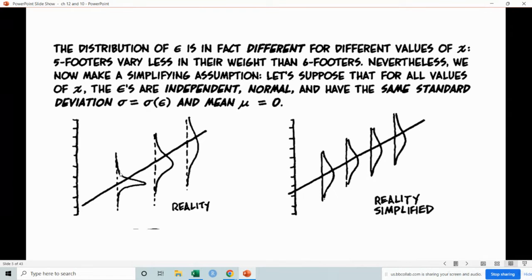In reality, those distributions may differ along the way. That's a complicated problem to solve, in a much higher level of statistics. But for our case, we're going to simplify and assume that the error term is distributed normally about our linear regression line. It just makes things go a little smoother at these lower level models.